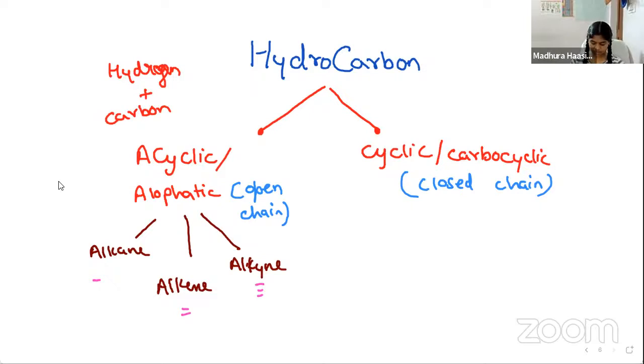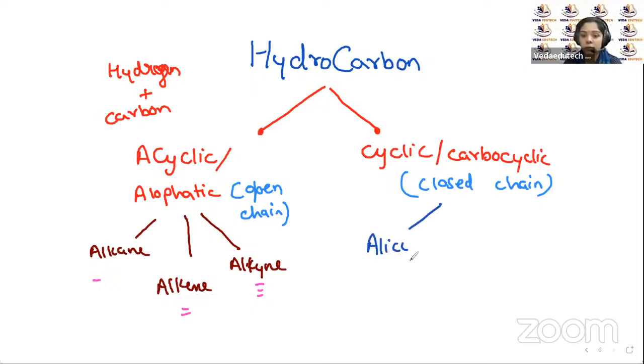Now, the cyclic ones or the carbocyclics is again further divided into 2. That is alicyclic and aromatic. Again, further alicyclic is divided into 3.